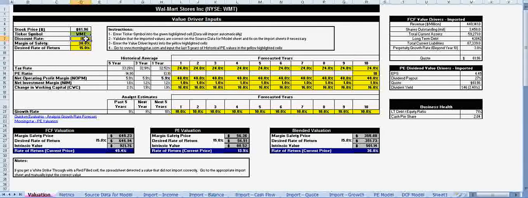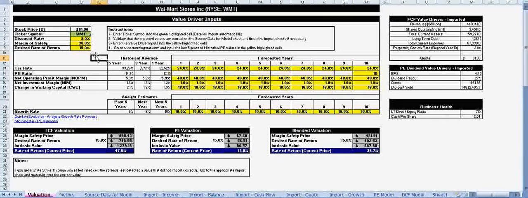I typically use 11% as my discount rate, and for blue chip companies that are very dependable, with a very consistent business model, I would drop that down to 9%. But typically for your average small cap company, I'd make it 11%.